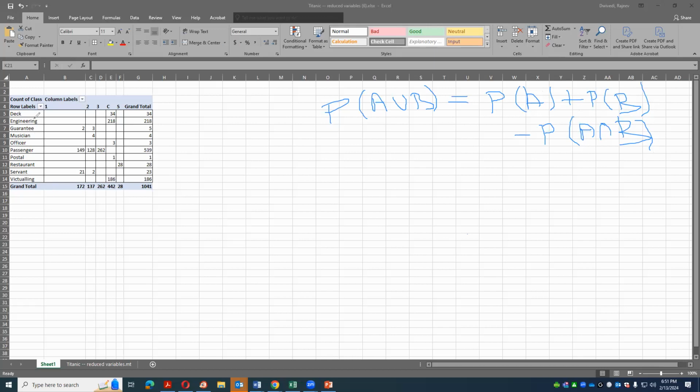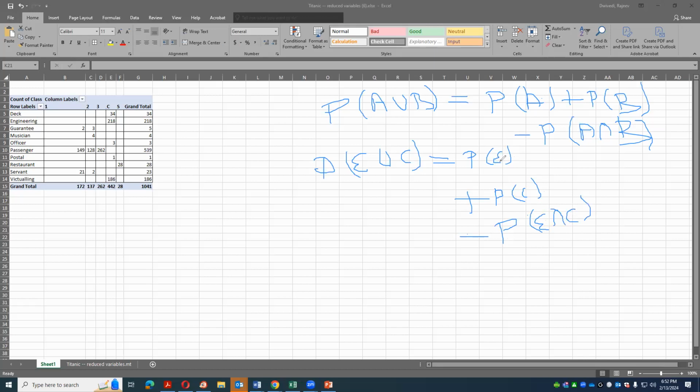So let's say engineering and C class. So probability of engineering or C class. What is it? Probability of engineering plus probability of C minus probability of engineering and C. So this is the formula.